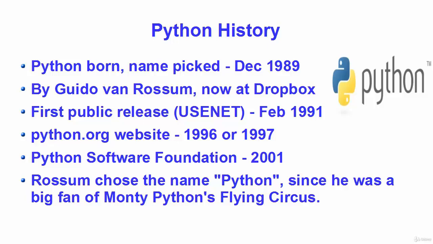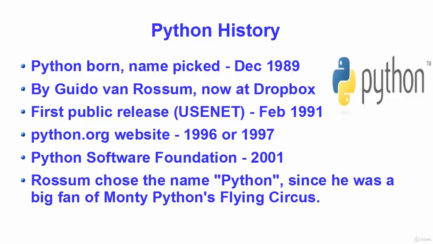Guido van Rossum worked at Google from 2005 to December 2012, where he spent half of his time in the development of the Python programming language. And nowadays, Van Rossum is working in a company called Dropbox. And where does the Python name come from? Rossum chose the name Python since he was a big fan of Monty Python's Flying Circus.